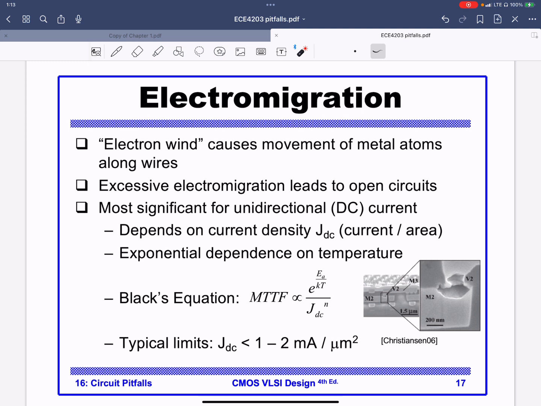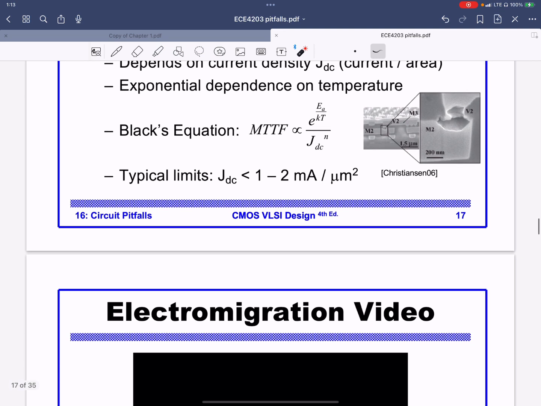So this can cause open circuits, and you really have to watch out for how much current you run through a certain width of a wire. This is a real issue. When you're building your devices, if you run too much current through a wire, typically defined as 1 to 2 milliamps per micron squared of wire cross section, you could run into a problem.